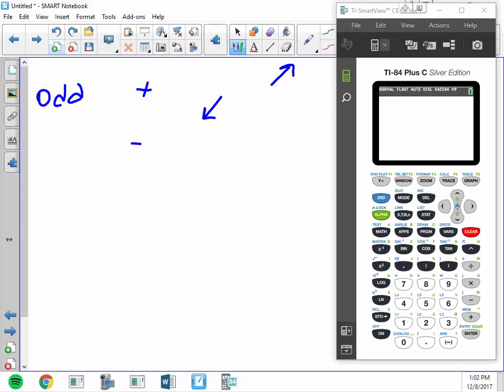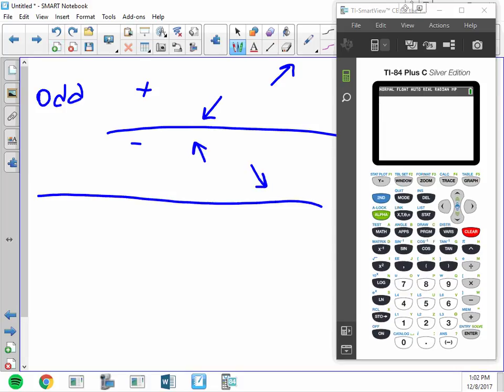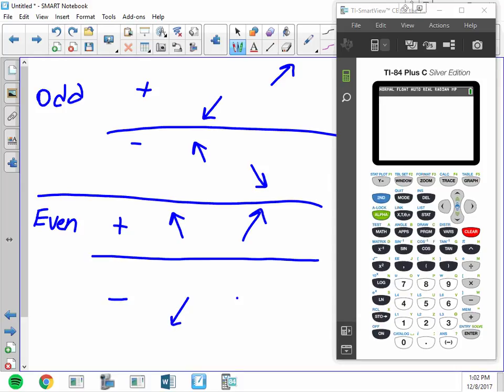If it's a minus, then it's the opposite. Oh, I did it again. Sorry. But for even graphs, positives look like this, and negatives look like this. And then you just have to decide what happens in the middle.